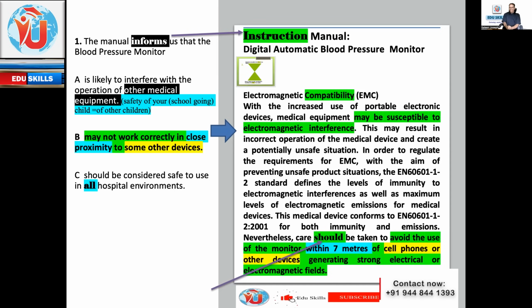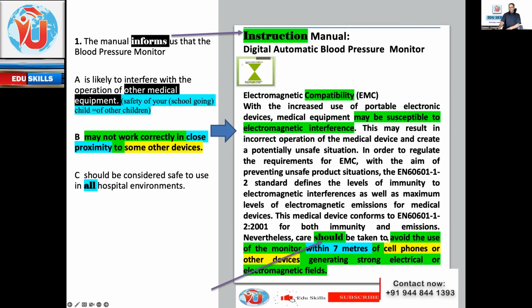Is that correct? So already the topic sentence gives the idea of the answer. May not work correctly in close proximity to some other devices is the paraphrasing of the topic sentence. This is what I said: topic sentence at the beginning, paraphrasing at the end. Same paraphrasing, same meaning.